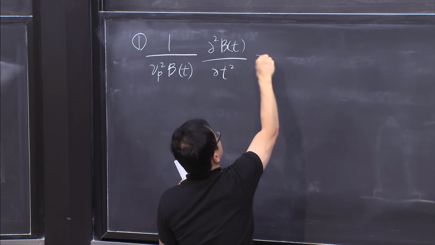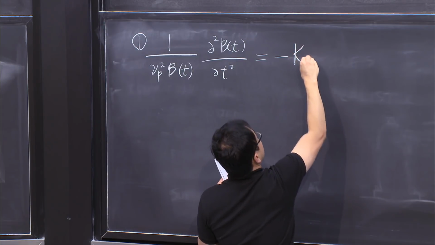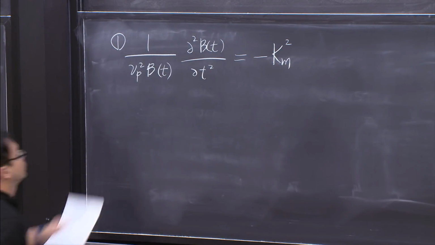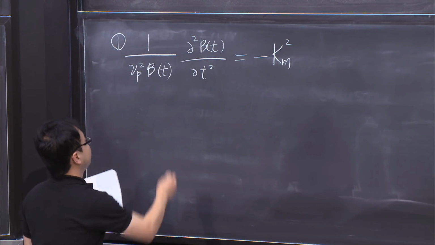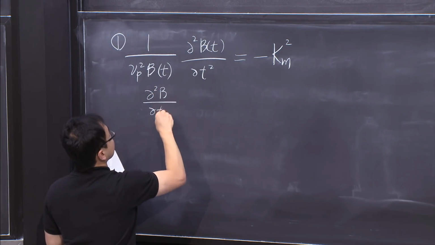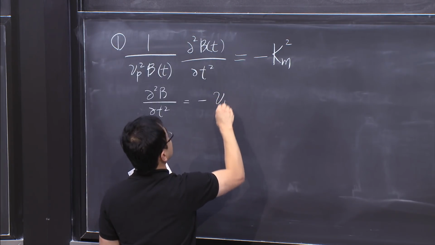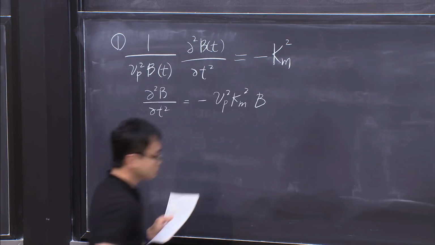And this is equal to a fancy name of this constant, minus kn squared. Of course, I can multiply everything by vp squared b. Then I get partial squared b, partial t squared, and this is equal to minus vp squared kn squared b.